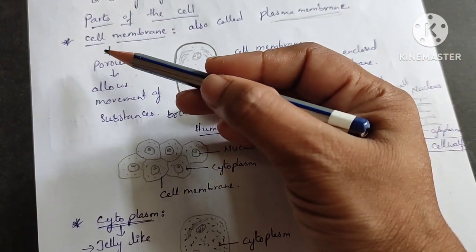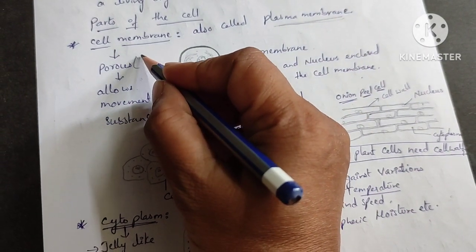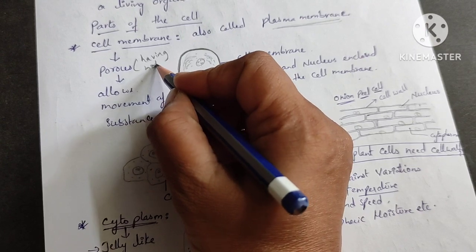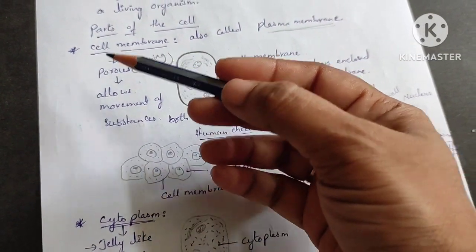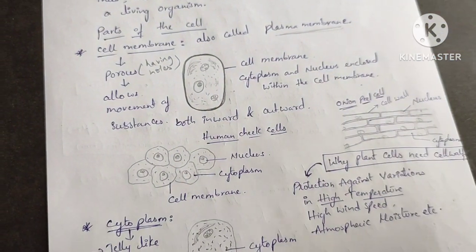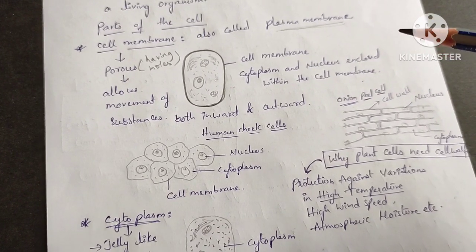This plasma membrane is porous. Porous means having small holes, which allows movement of substances both inward and outward.